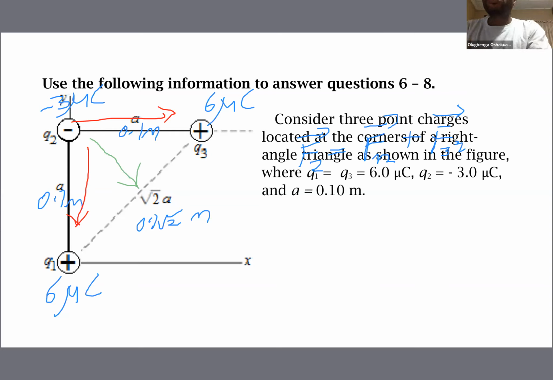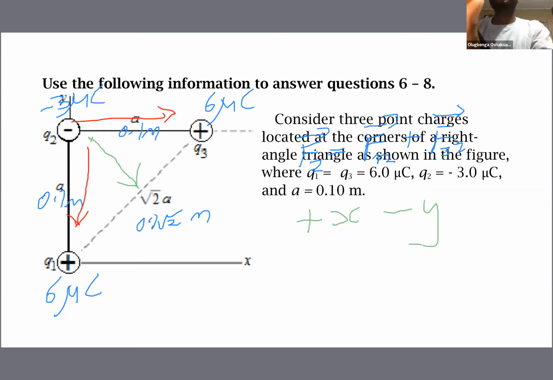The direction we have here shows that it will go towards the right, downwards. And this means that the direction is in a positive X direction and negative Y direction.